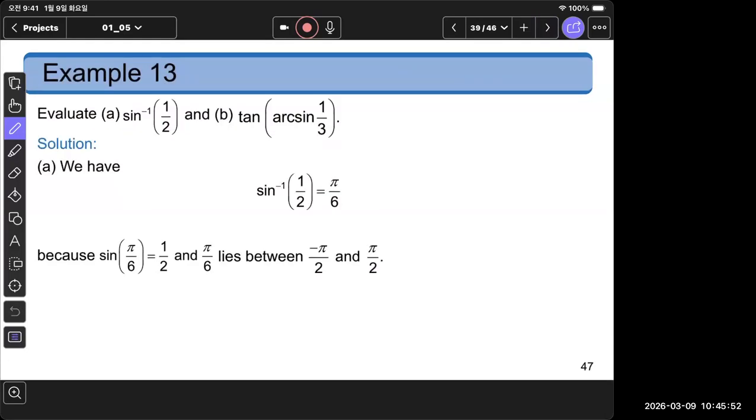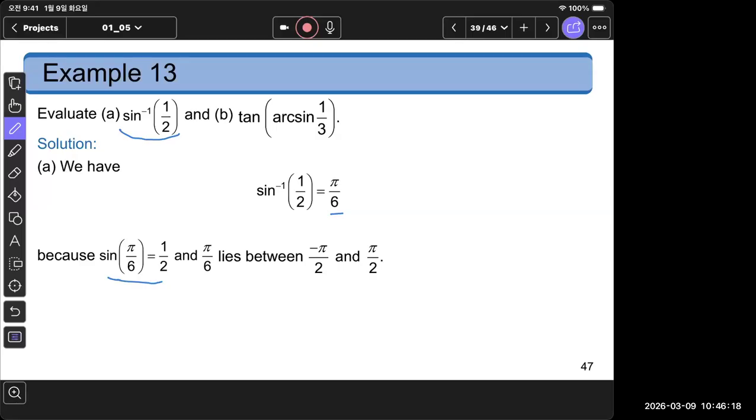So as an example, arcsine of 1 half will be pi sixth, because sine pi sixth is 1 half. And this pi sixth is a value between minus half pi and half pi. Okay?